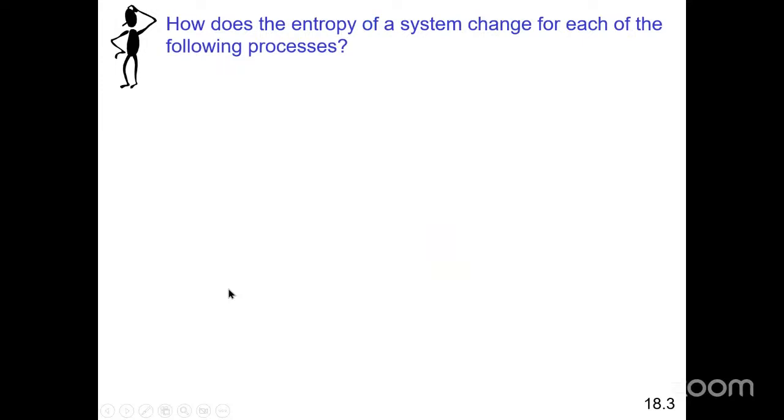Okay, so based on what we have just discussed, let's see if you understand what the entropy change would be for each of the following processes. Condensing water vapor. Now remember, condensation is where you're going from H2O gas to H2O liquid.